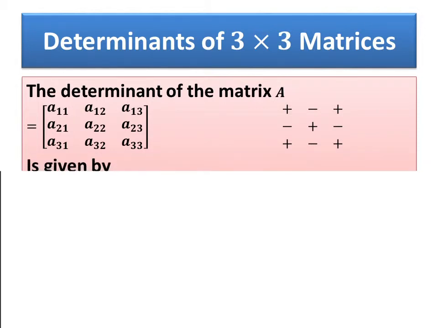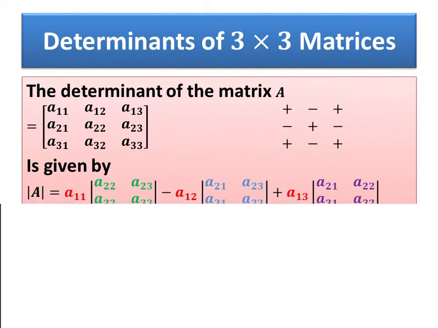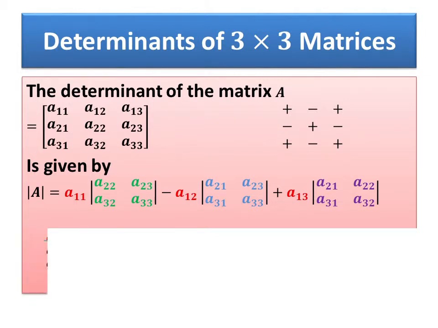Now we want to expand the determinant of this matrix. It's given in front of us by determinant A. So we start expanding by the first row, for instance. So I start by A11. I write it in red. Taking A11, if you look under this A11 in front of us, we have a blue line cancelling the row and the column of A11.